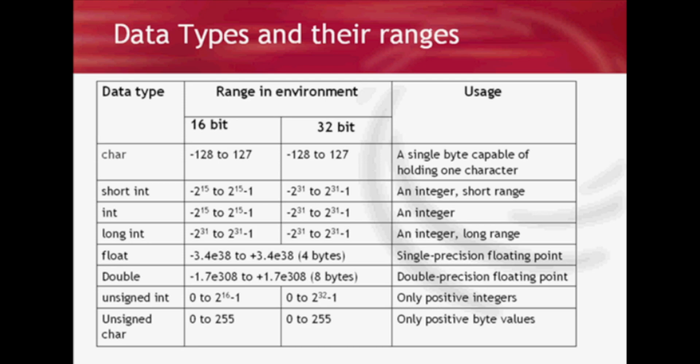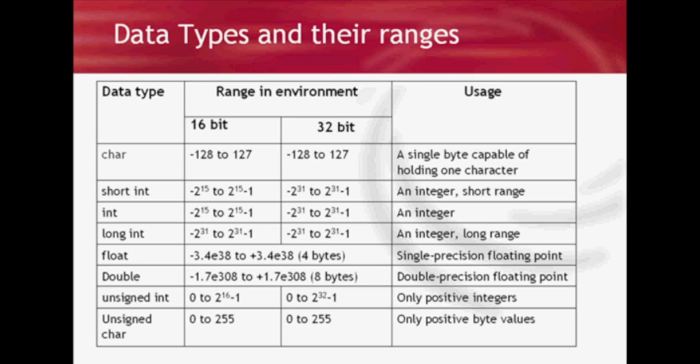A floating number that provides single precision floating point will occupy 4 bytes, and the range is -3.4E38 to +3.4E38. Whereas a double precision floating point will take 8 bytes, with a range of -1.7E308 to +1.7E308.